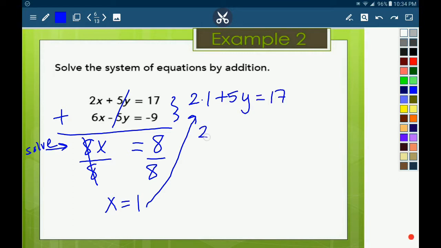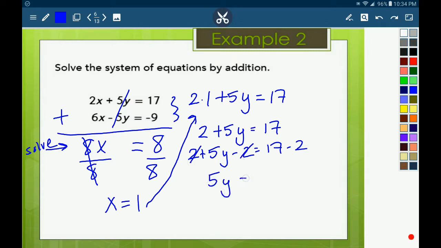Well, 2 times 1 is 2, plus 5y equaling 17. I got to get rid of that 2 first. So 2 plus 5y minus 2 is equal to 17 minus 2. The 2's cancel, and I'm left with 5y is equal to 15. Divide by 5 on both sides, and we get y is equal to 3.